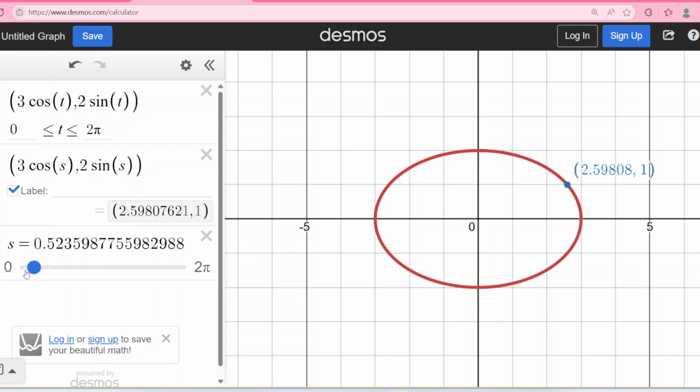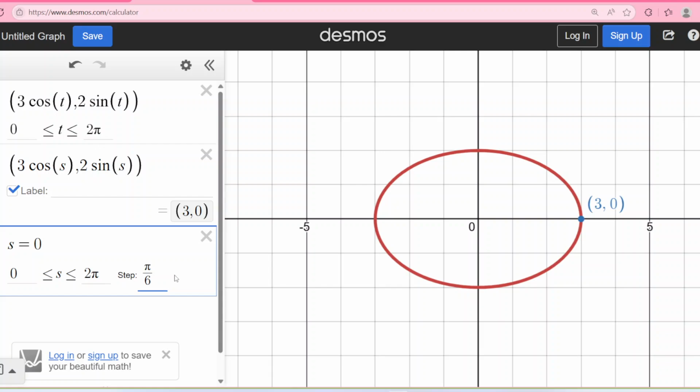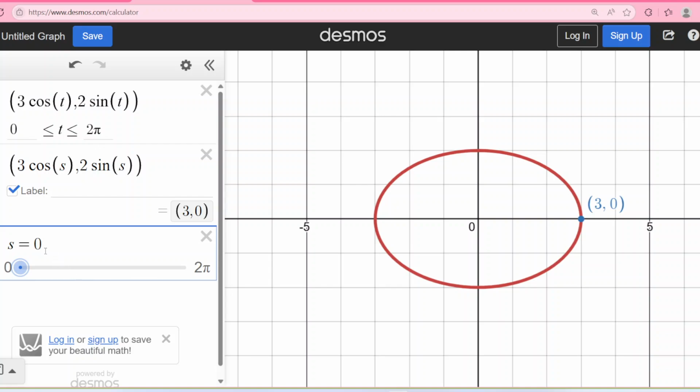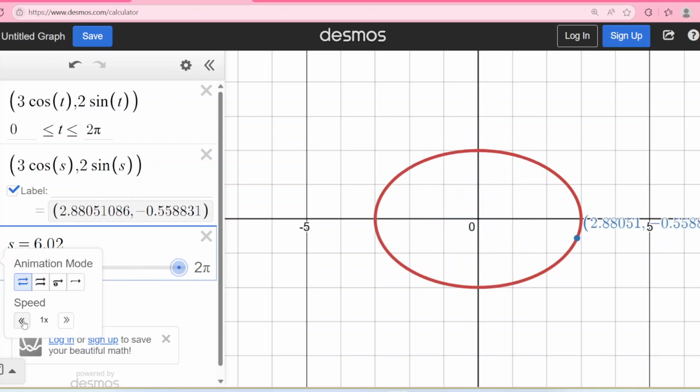If you want to see a little more smooth motion, let's go back to this. Instead of having the step be every pi over 6 like it was in the table, I'll go every 0.01 or something small like that. Then starting at S equals 0, I hit play. Maybe even slow it down; you can change the animation speed.